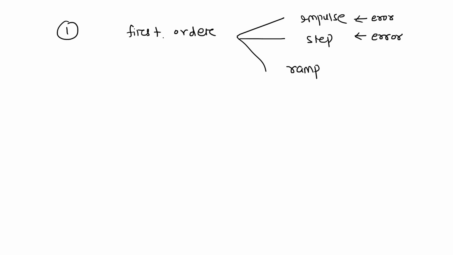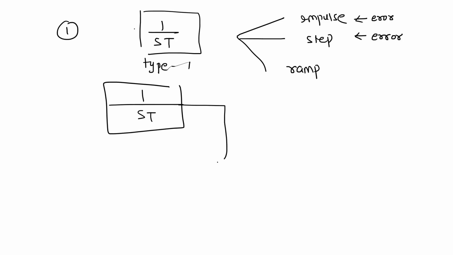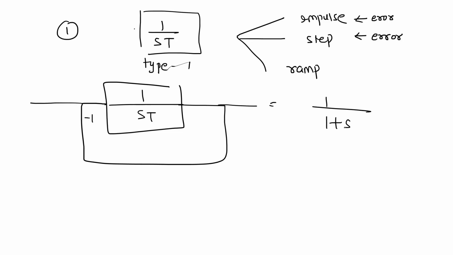For a first order system, or you can say for a 1 by ST system, meaning a type 1 system. What is the standard formula of type 1? This is 1 by ST, you take a unity feedback system, negative. So this will be 1 divided by 1 plus ST. This is the closed loop transfer function.